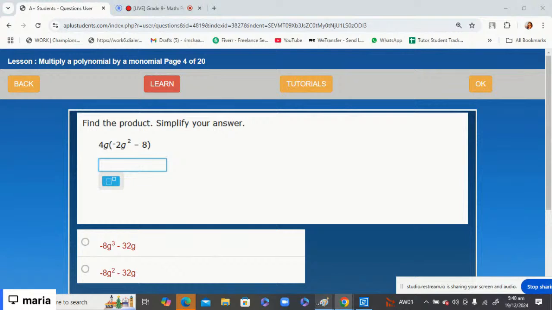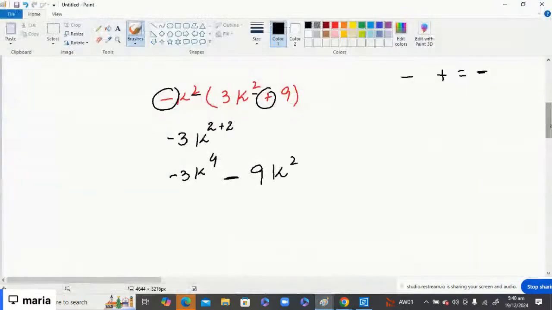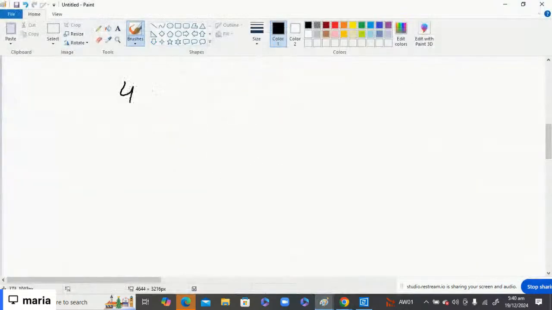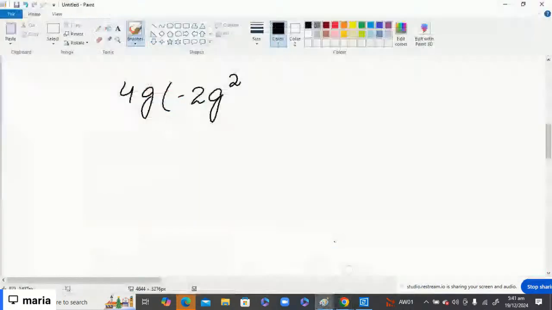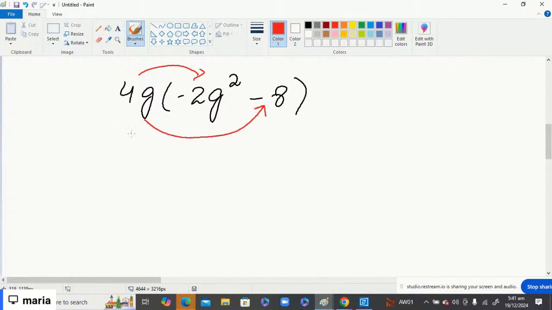4g into minus 2g square minus 8. Now multiply with this one and multiply with this one. 4 times 2 is 8g. This is 1 power and this is 2. 1 plus 2 is 3, and negative sign as it is.